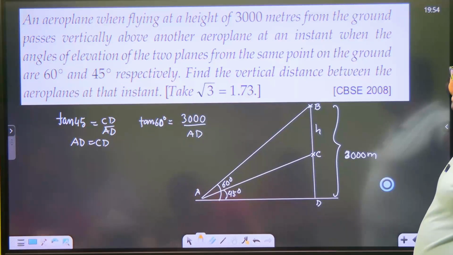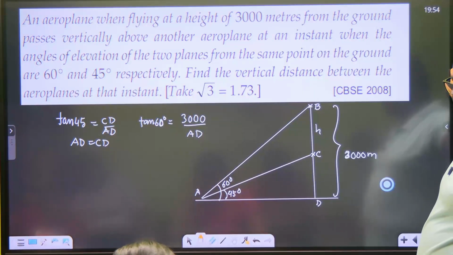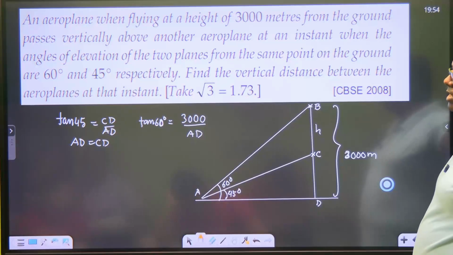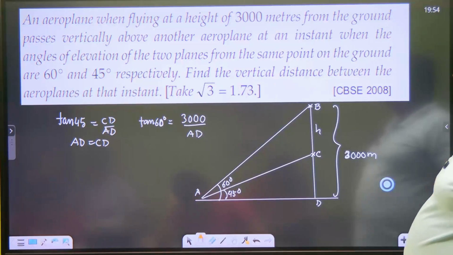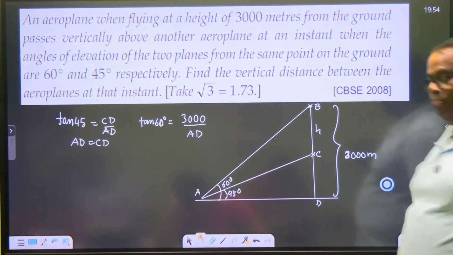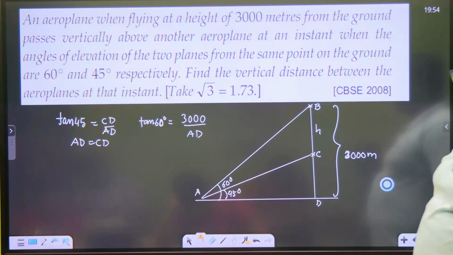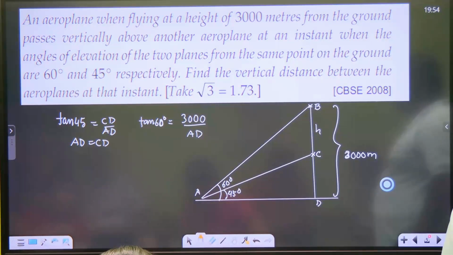So 105 something will be the answer, which looks correct. Make your calculations as simple as possible. Another one, diagrams at least, so that you practice the diagrams with me.